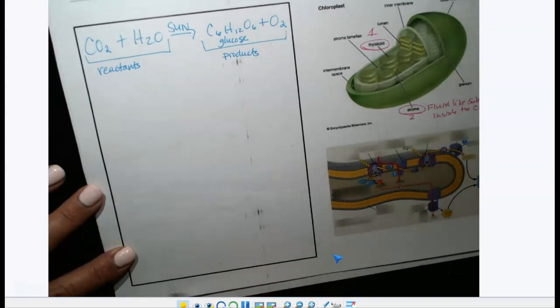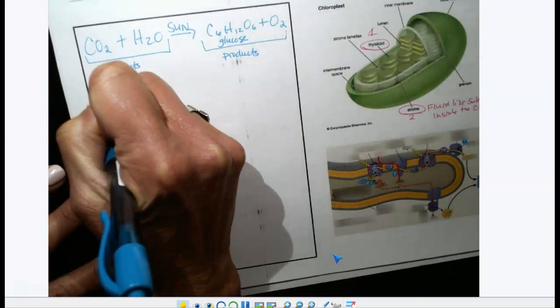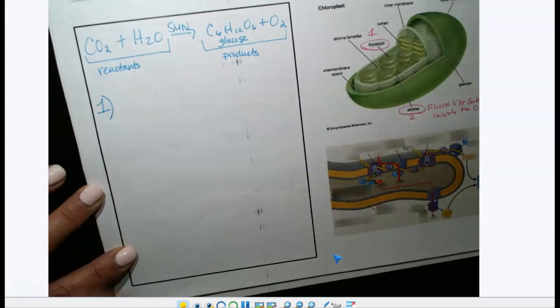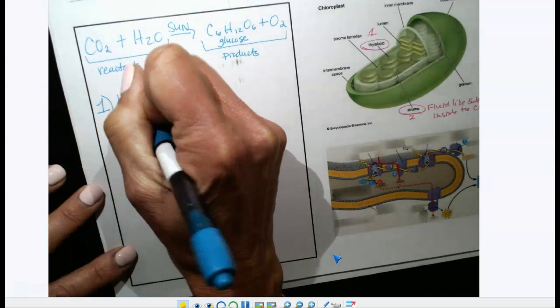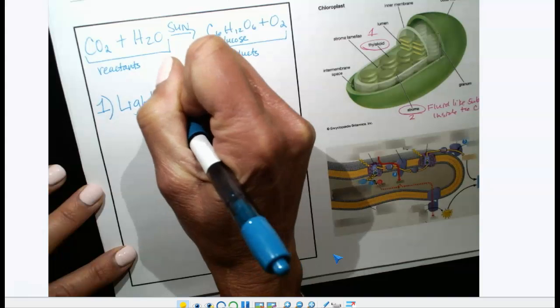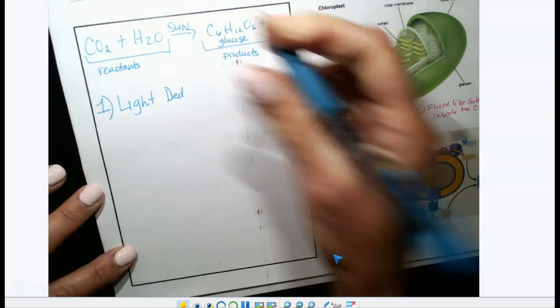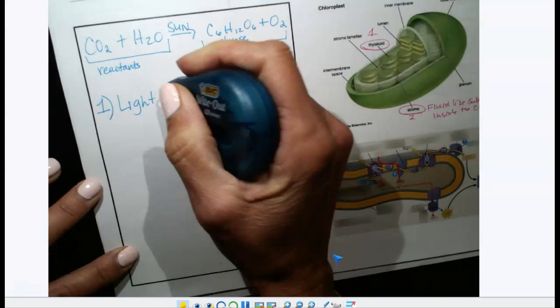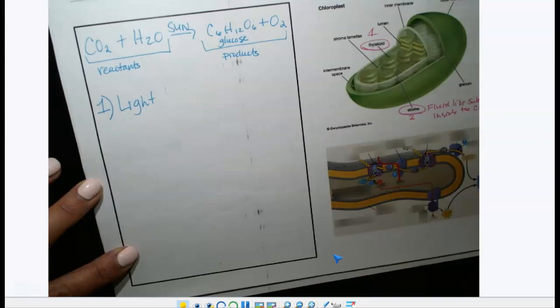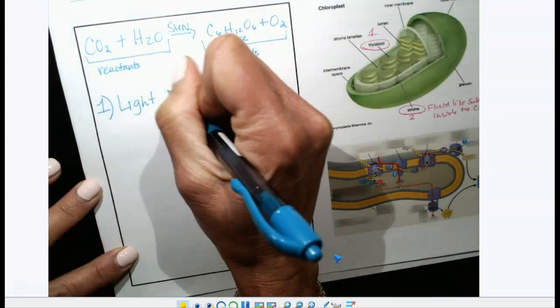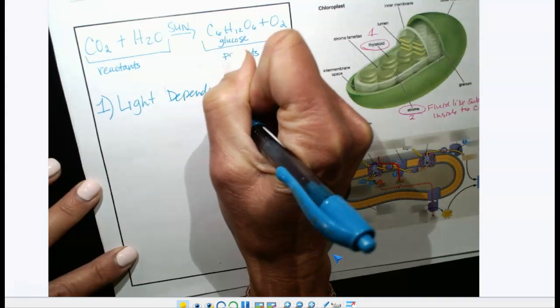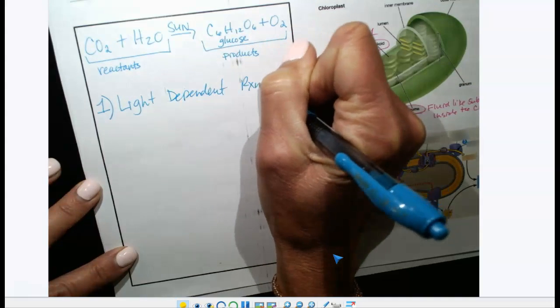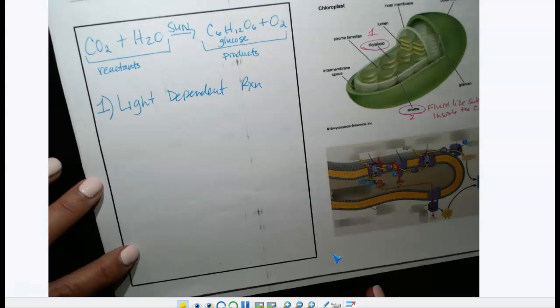Okay, there are 2 stages of photosynthesis. The first one is called the light dependent reaction. Is RXN okay for reaction? Yeah. Okay.